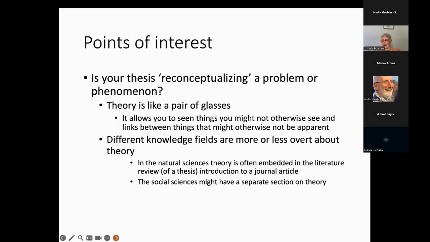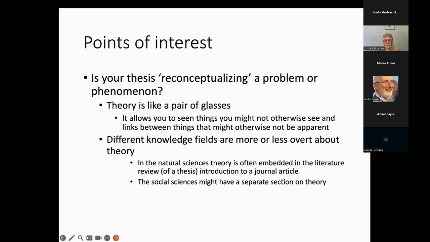A theory allows us to see the world in an abstract way, and we might not see those abstractions. So because you're reporting on your PhD research, was there something about the theory that allowed you to reconceptualize, to see a problem or a phenomenon in a new way?